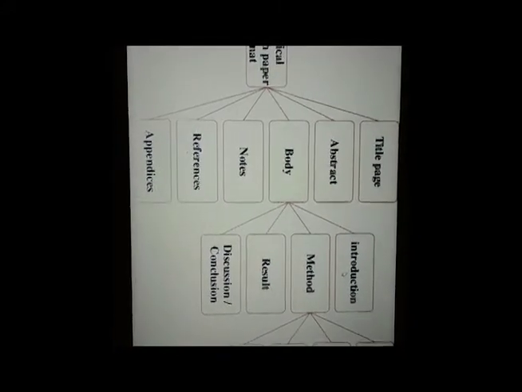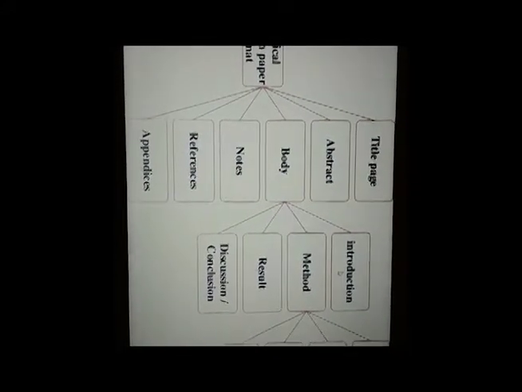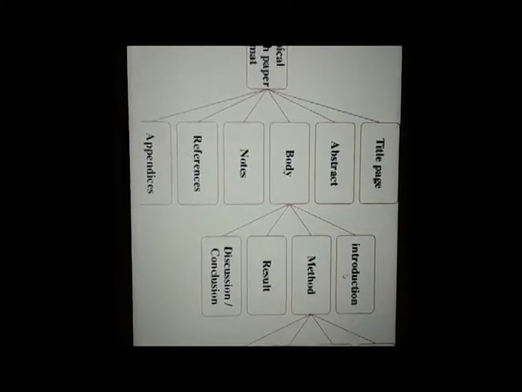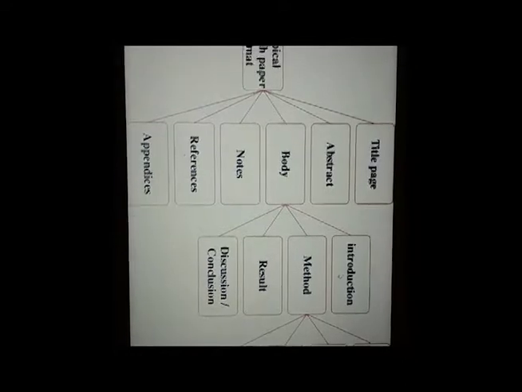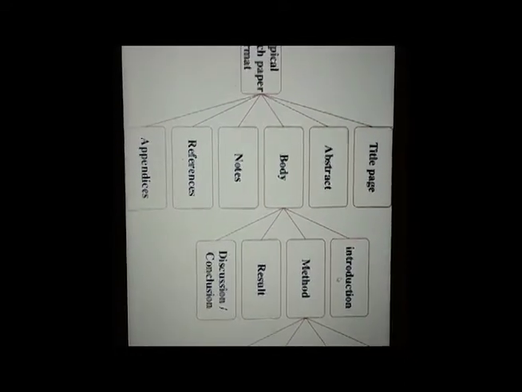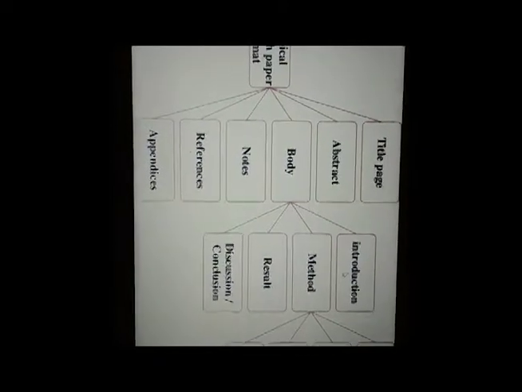And then you have to find out the problems that should be included in the identification of the problem.